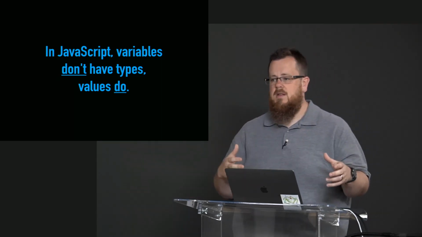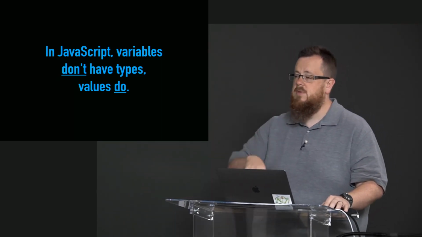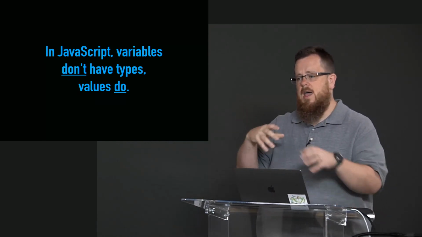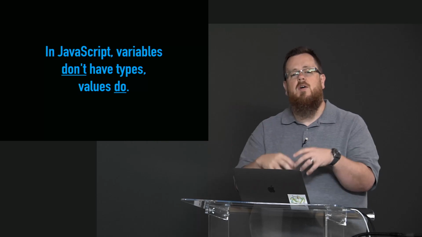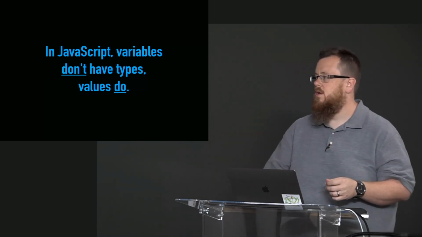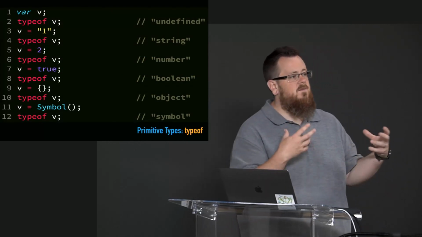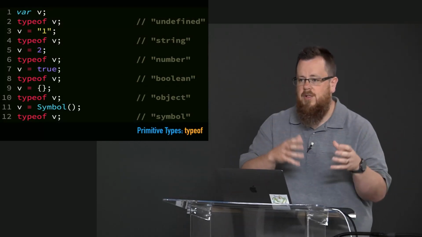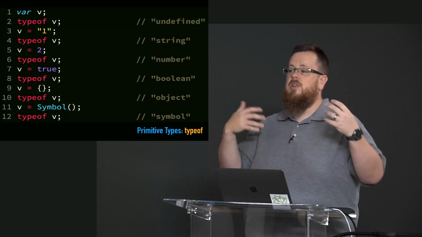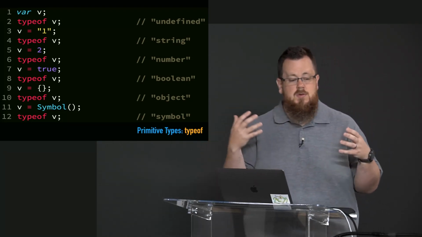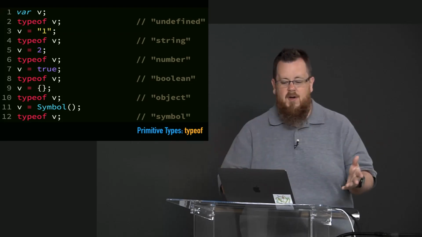In a dynamically typed language like we have with JavaScript, it's different because here we're not talking about x or y having a type. Here we're talking about the values themselves having a type. So it's not the variables that have types, it's the values. So when I say var v, you might recall when we declare a variable that it initially gets assigned the undefined value, and the undefined value is going to have type of, quote, undefined.